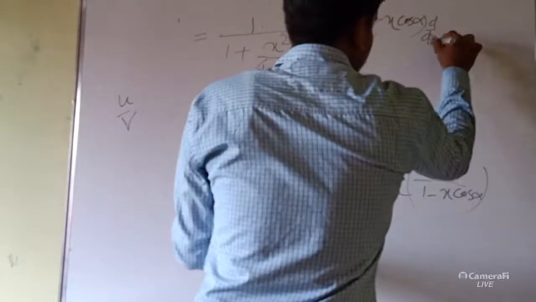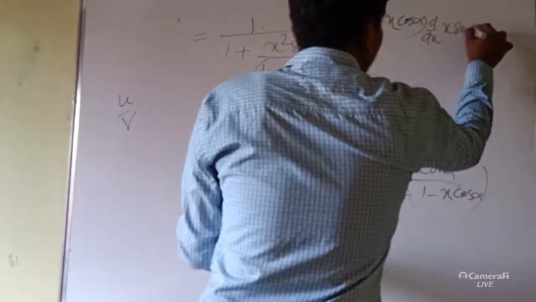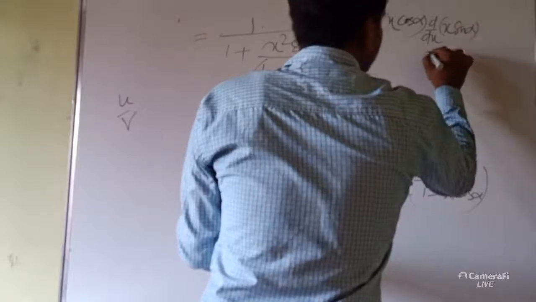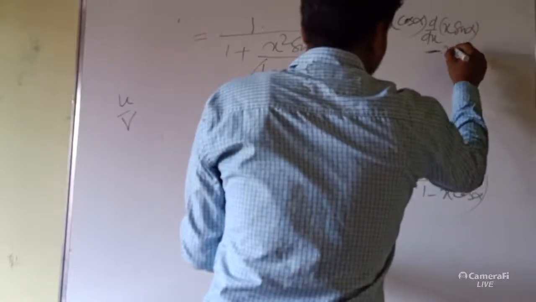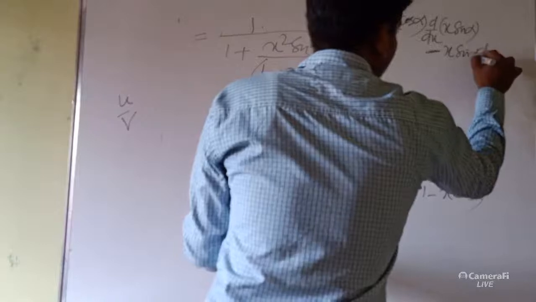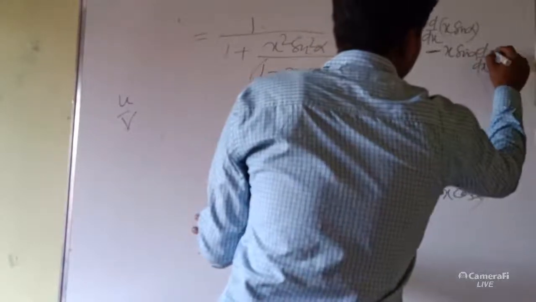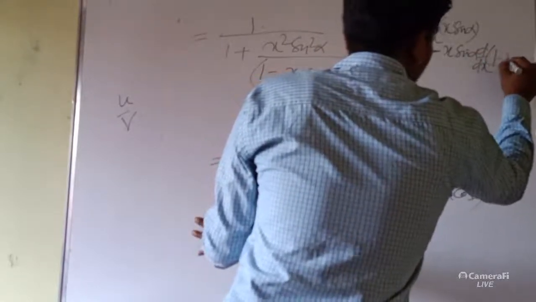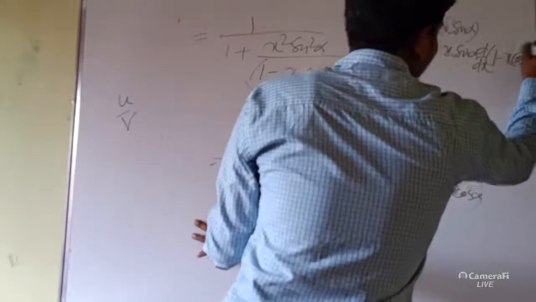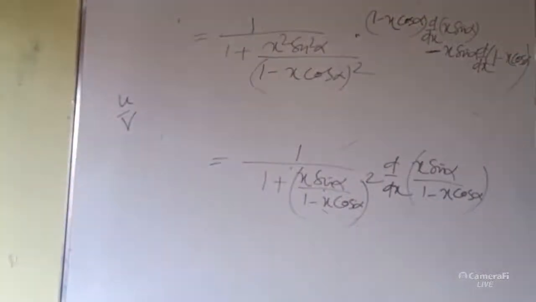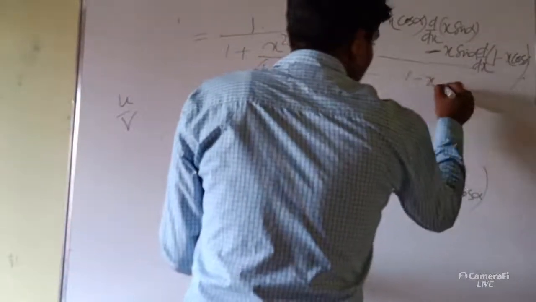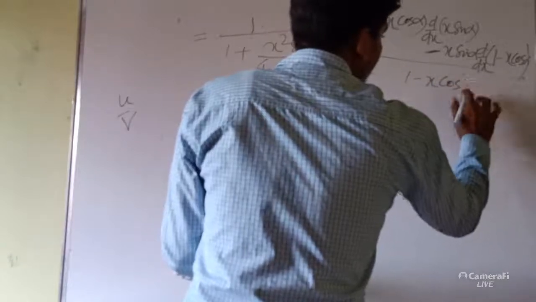Now second into derivative of first minus first into derivative of second, divided by the square of 1 minus x cos alpha.